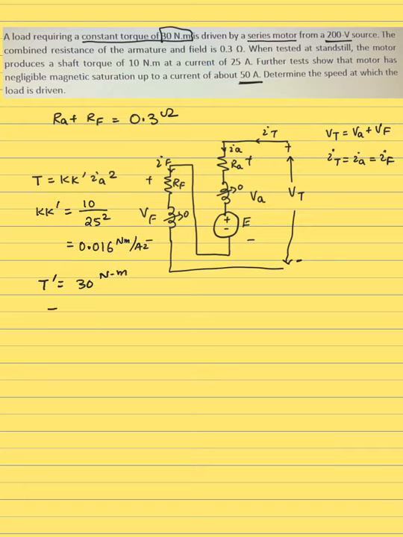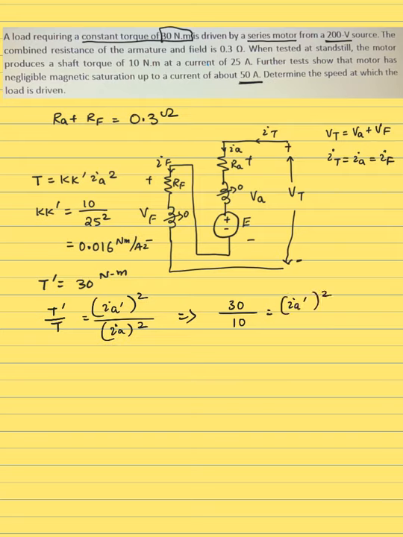Since there is magnetic linearity, we know that T prime to T is proportional to IA square, so it's going to be IA prime square divided by IA square. So this linearity is true. What is known and what are we looking for? T prime is known, 30, T is known as 10, IA prime is not known to us.